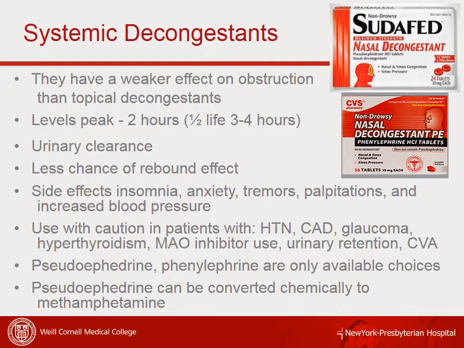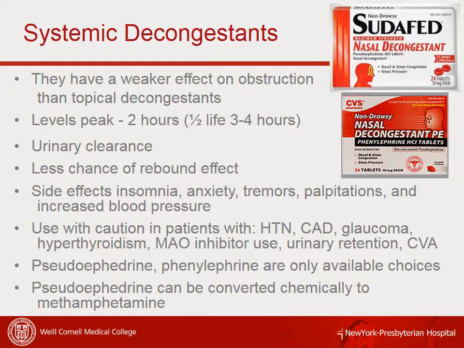So the systemic decongestants, they have a weaker effect on obstruction than the topical ones, but you also have a less chance of rebound effect. They can cause some side effects, particularly when used close to bed, such as insomnia or anxiety. Many patients will develop tremors or palpitations or increased blood pressure. So you have to use this with caution in patients with certain medical conditions.